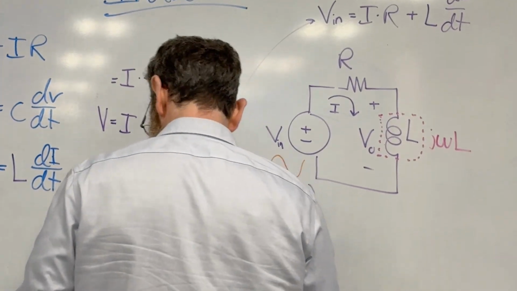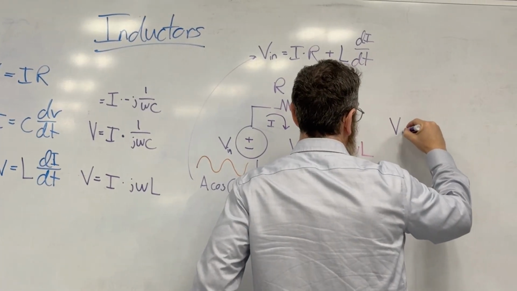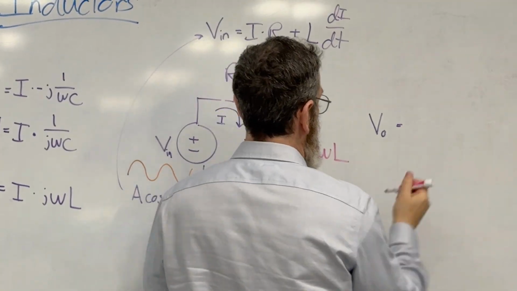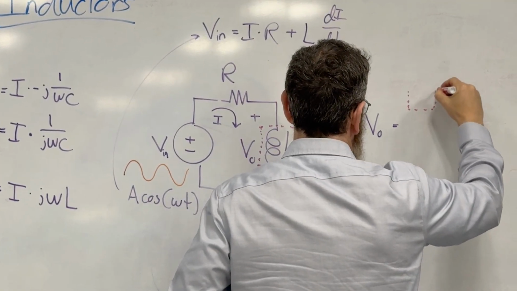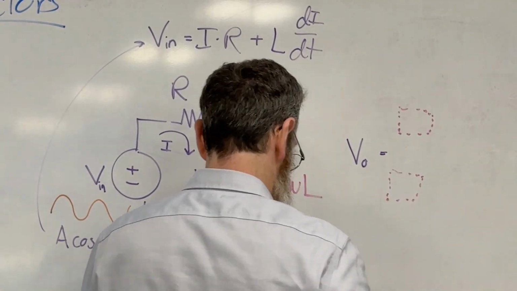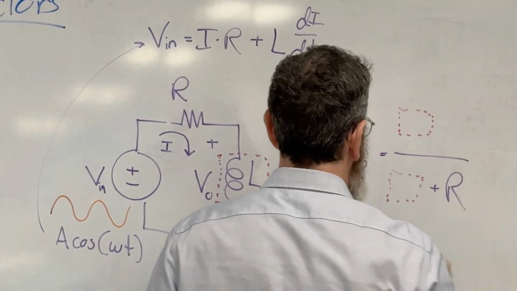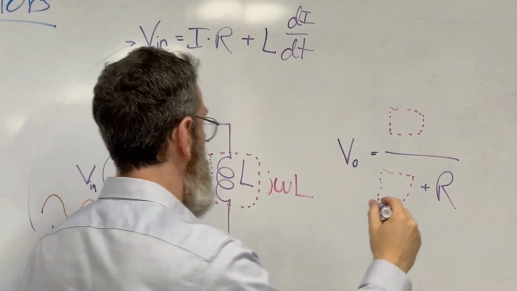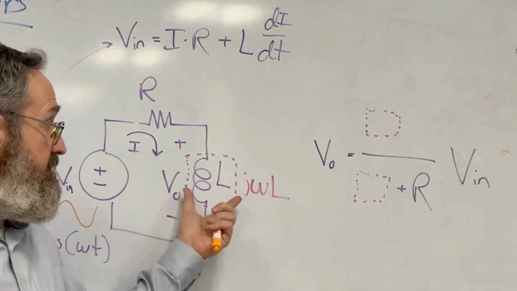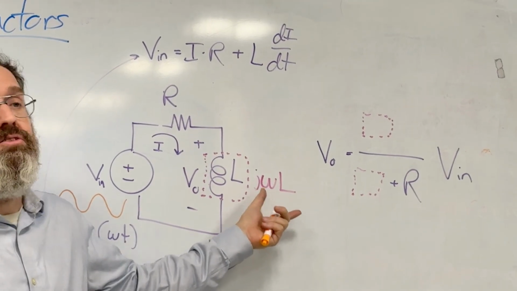A voltage divider would have the equation that, well, V out is going to equal, and if you want, I'll draw it like this, whatever this resistor is times V in. Right, if this is a voltage divider, it would be this resistance over this resistance plus that resistance. And we have this resistance, even though it looks odd.